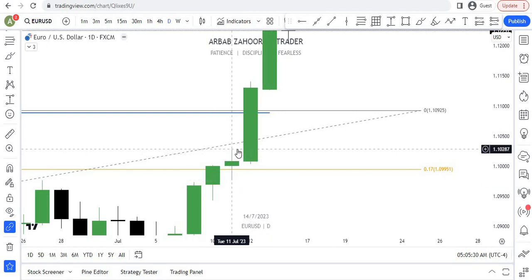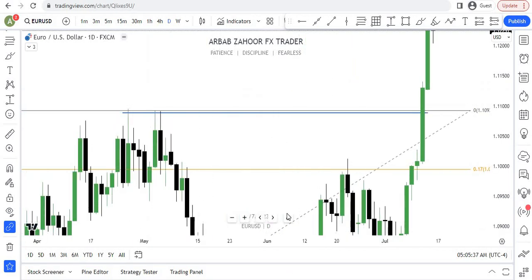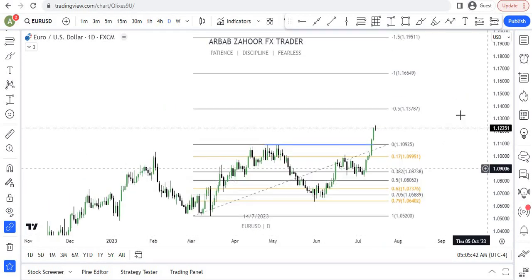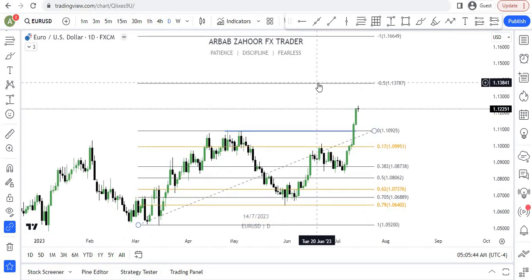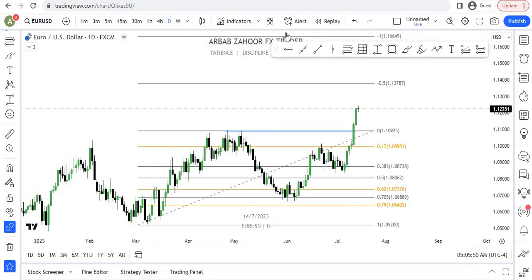If you find it in the ICT silver bullet London time, it will be taken out and make price go higher. So in daily we also find that price is making a higher high and going upside to this area. Once we find anything like this, what we do is replay to the third day, I think Wednesday.